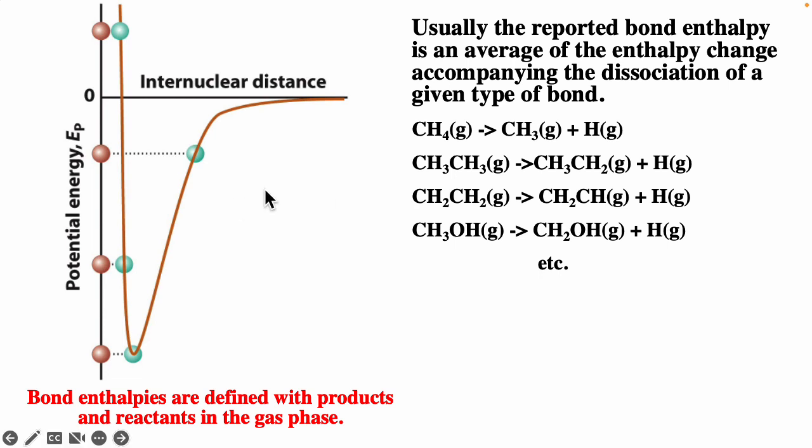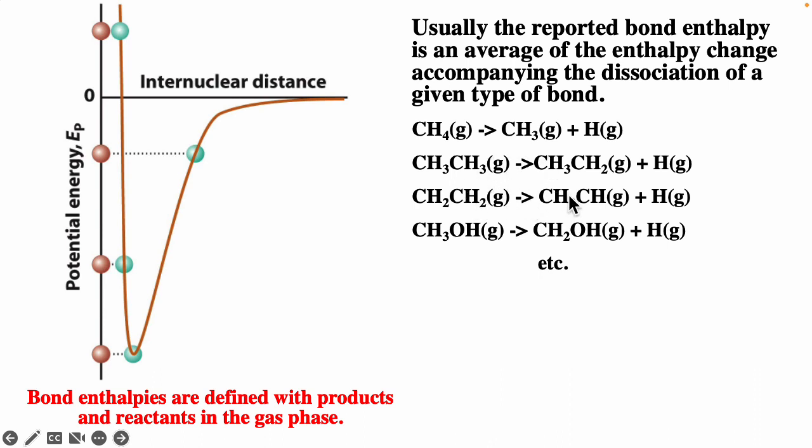Now, most bond enthalpies are actually an average. If you think about the carbon-hydrogen bond, there are many, many molecules with carbon-hydrogen bonds. So if we want the bond enthalpy for the carbon-hydrogen bond, we actually have to take an average. You can imagine methane ripping off a hydrogen atom, so we can do the bond enthalpy here. Here we have ethane removing a hydrogen atom, and so it's going to be the carbon-hydrogen bond enthalpy.